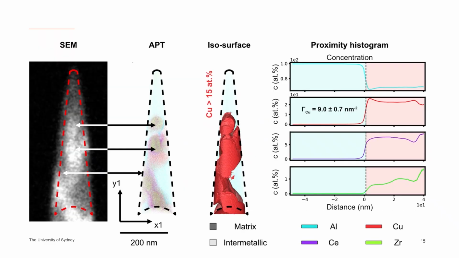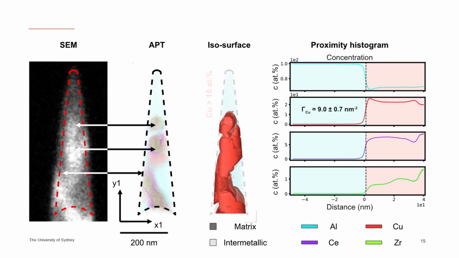On the left-hand side, you can see an exemplary SEM micrograph of a readily prepared specimen after low voltage cleanup. The matrix and intermetallic can be distinguished by brightness variations in the backscattered electron contrast. After taking this sample to the in situ atom probe, we could generate 3D atom maps of aluminium, copper, cerium and zirconium, as shown in the second column.